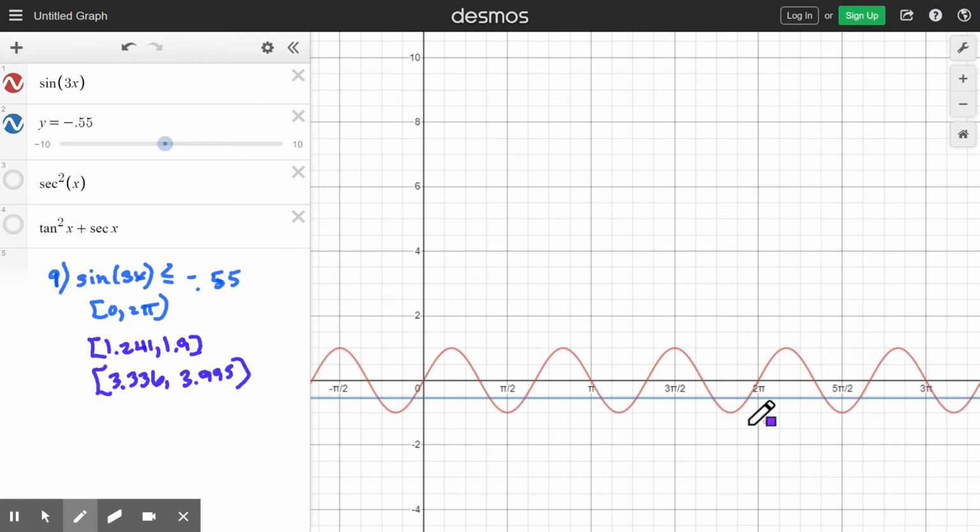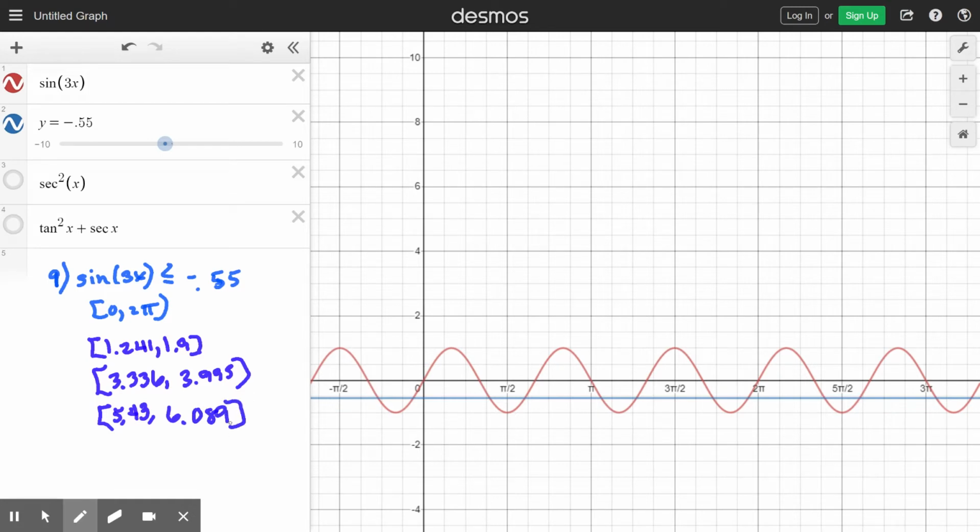Okay, and then the next one is 5.43 to 6.089. So that's how you would solve that first one with a graph.